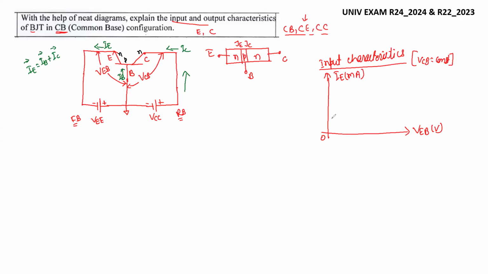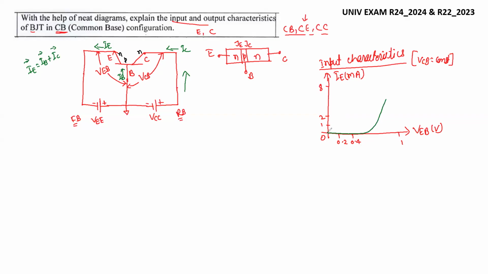Here 0, and we'll have values 1, 2, like this you can take up to 7 and 8 milliamperes, and here these values are going to be 0.2, 0.4, like this you can take up to 1 volt. So for a particular value of VCB, this graph is going to be like this.